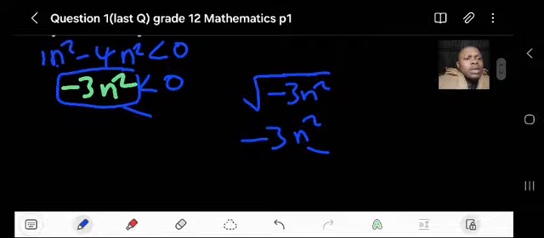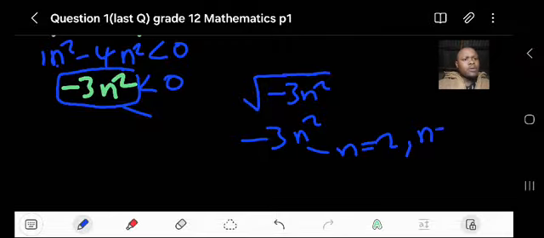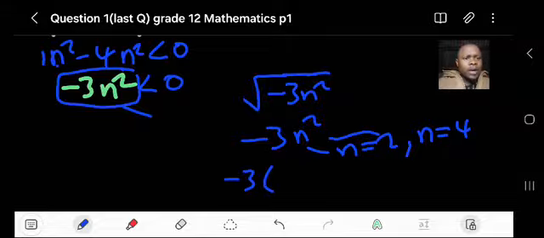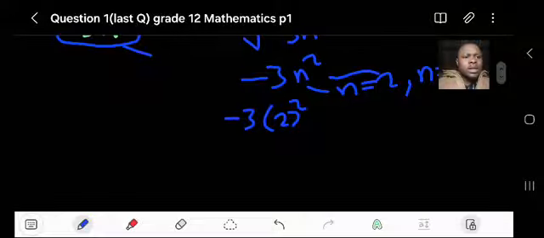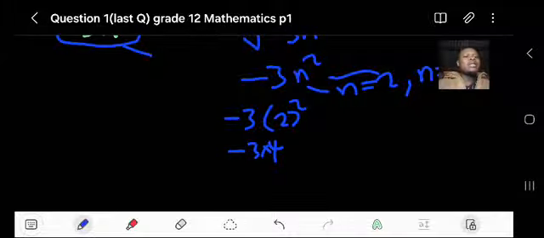We'll have minus 3 times 2 squared, which is 4, and this multiplied gives a negative 12.